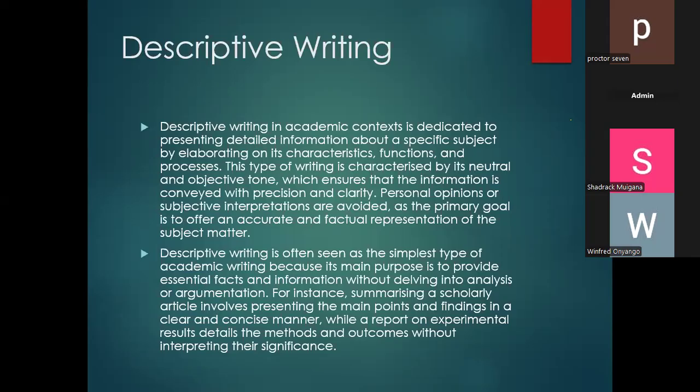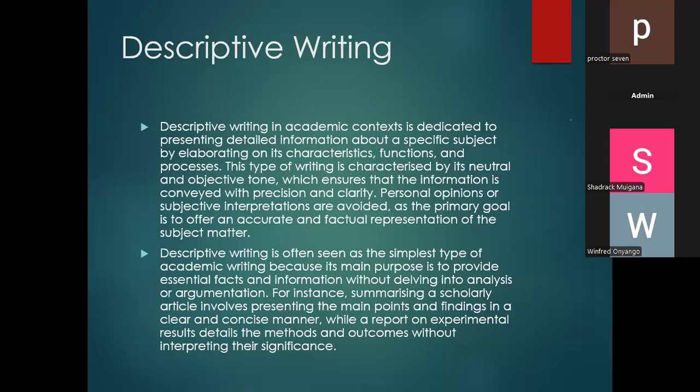So the first type of academic writing is called descriptive writing. In descriptive writing, we present detailed information about a specific subject by elaborating on its characteristics. So here we just describe characteristics. To describe is to give details about a subject you are researching.